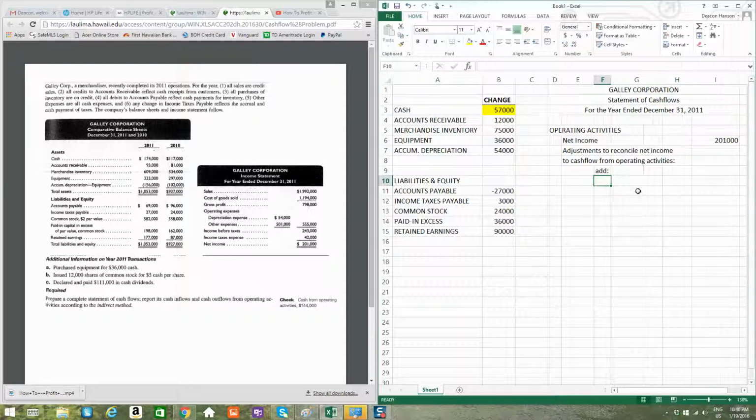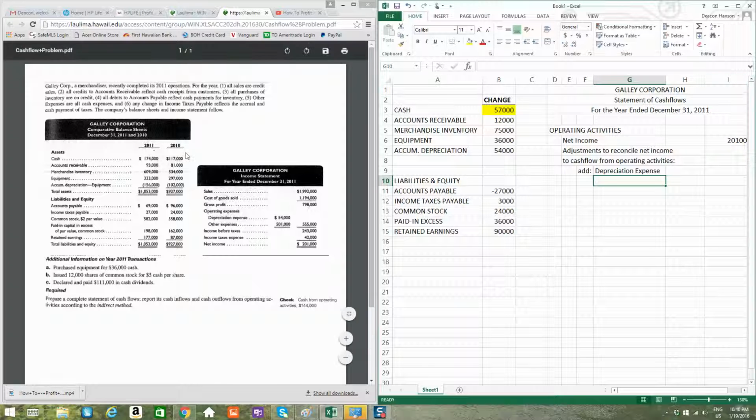Well, first we're going to add back depreciation expense. Okay. So you're going to have some depreciation expense, and since depreciation expense is an expense, you're going to find it over here on the income statement.